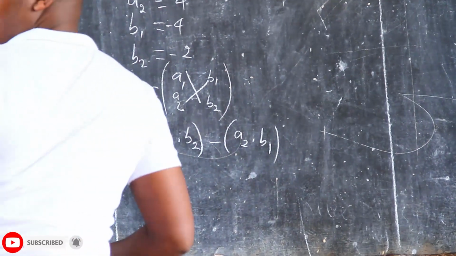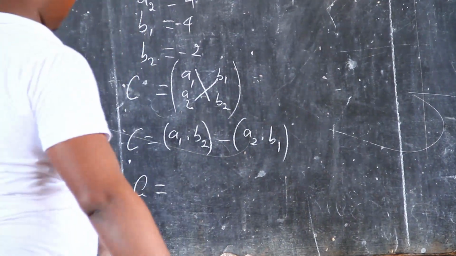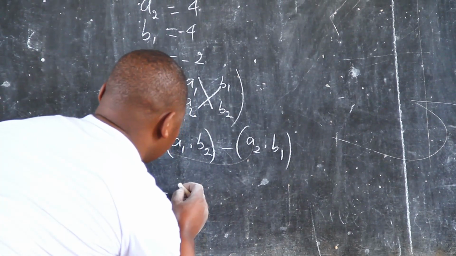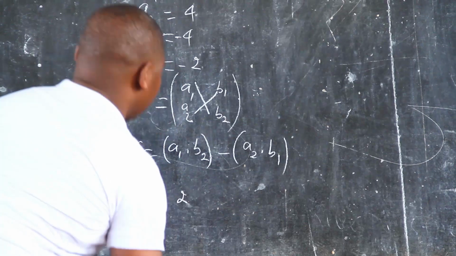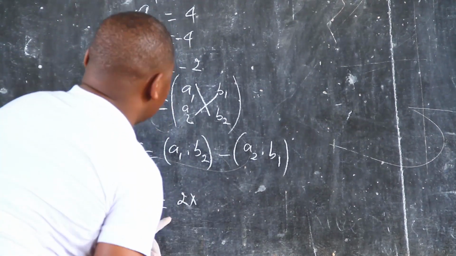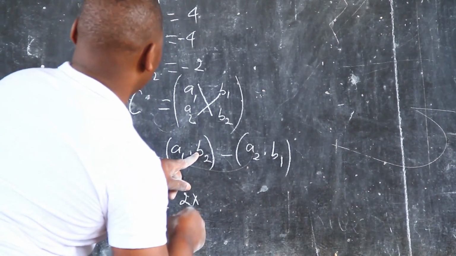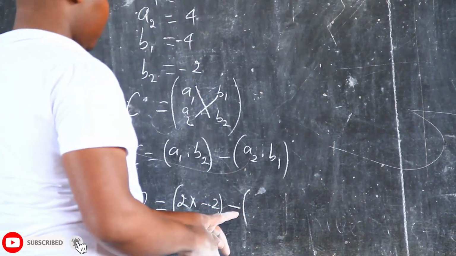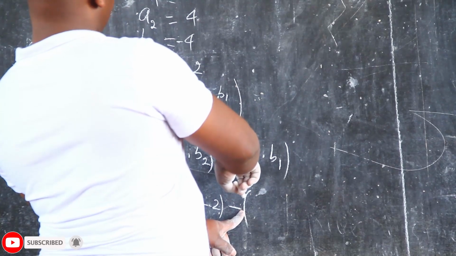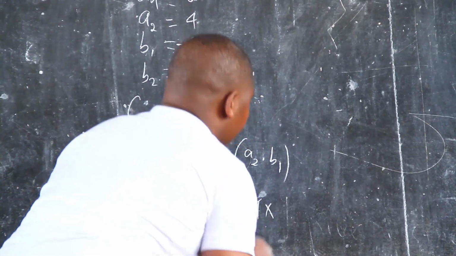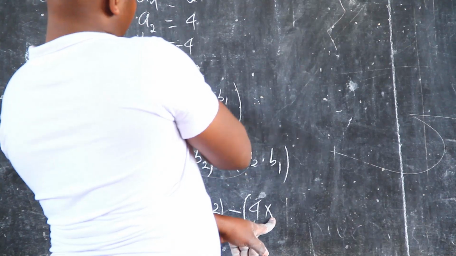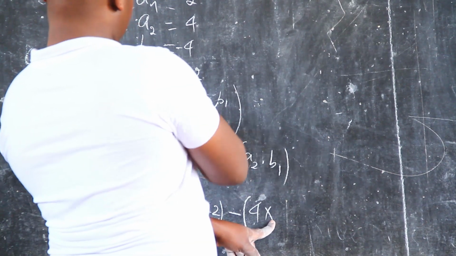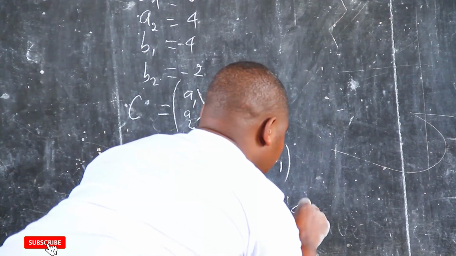Then the coefficient will be equal to A1 which is 2, times B2 which is negative 2, minus A2 which is 4, times B1 which is negative 4.